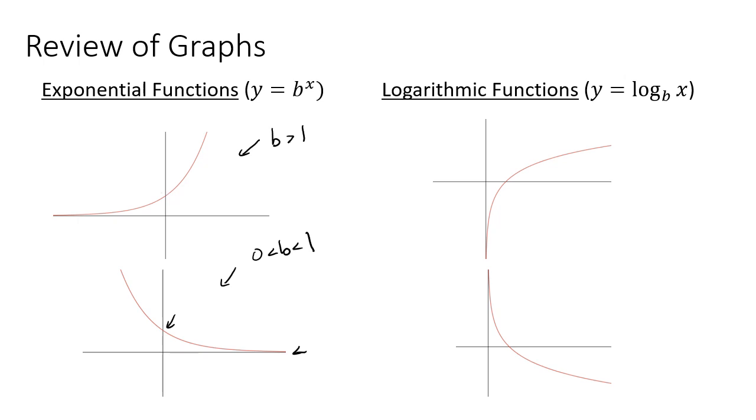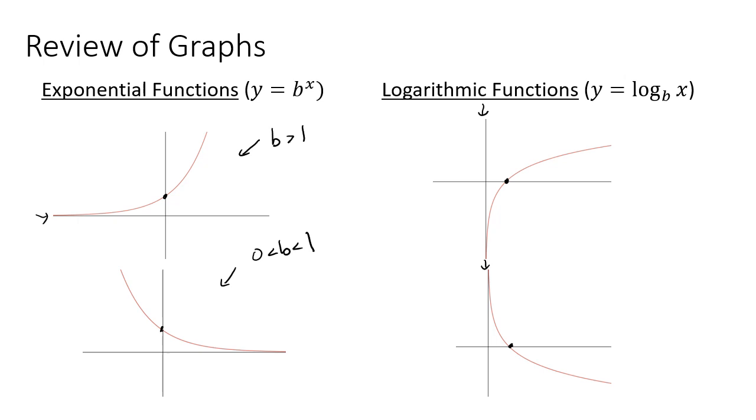Now, the inverse of these exponential functions flips everything. Instead of leveling off to the x-axis, logarithmic functions level off to the y-axis. Instead of having a horizontal asymptote, they have a vertical asymptote. And furthermore, instead of having a y-intercept, logarithms have an x-intercept.